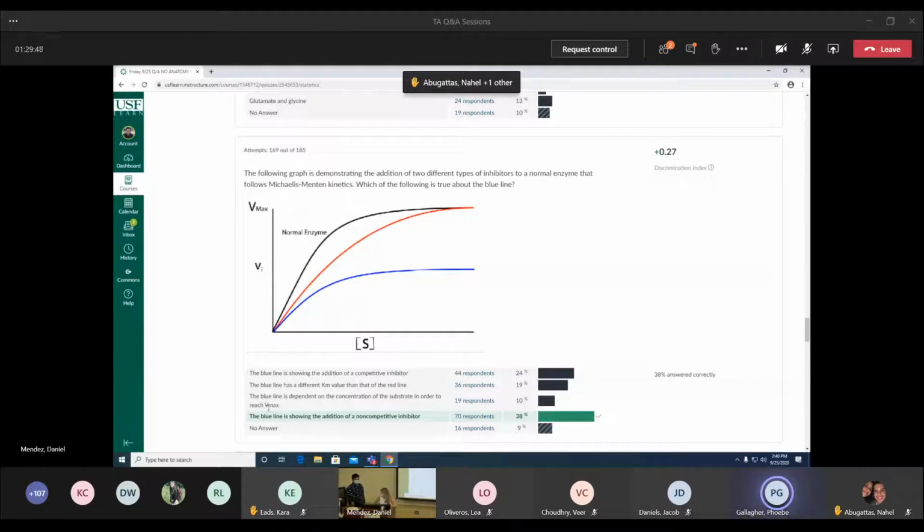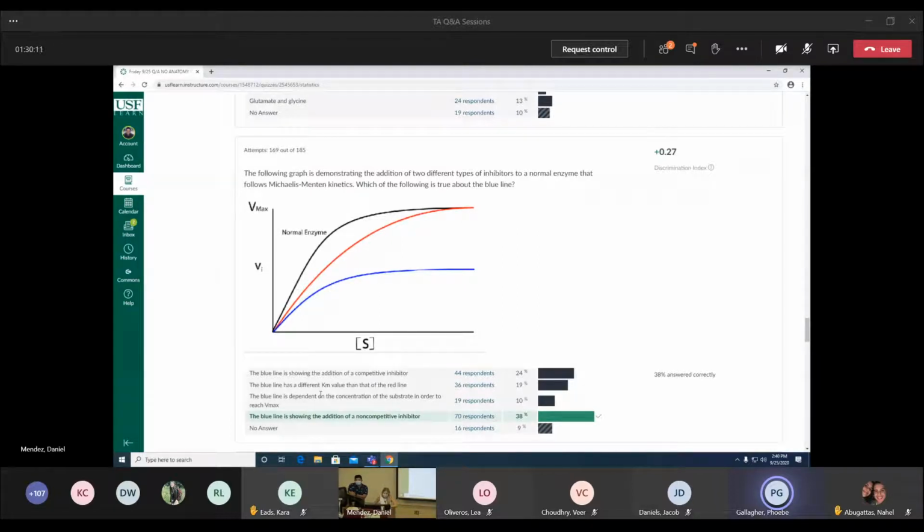Yeah, so remember that the Km is equal to half of the Vmax. So if the Vmax of the competitive inhibitor is going to be the same Vmax that you would have with an uninhibited enzyme, your half Vmax is going to be the same, and therefore your Km value is also going to be the same.